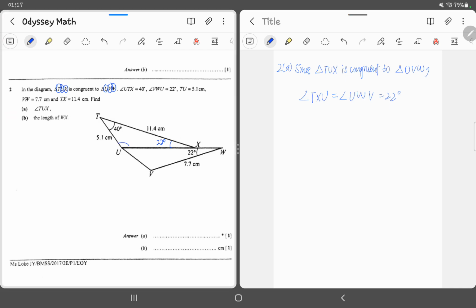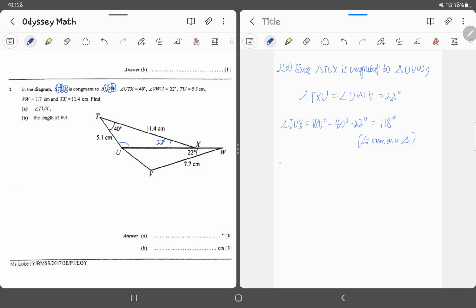Now therefore, we can find angle TUX using the angle sum of the triangle. So angle TUX equals 180 degrees minus 40 degrees minus 22 degrees, and that gives me 118 degrees. Okay? And that's pretty much it, but we must state the reason: angle sum in a triangle.